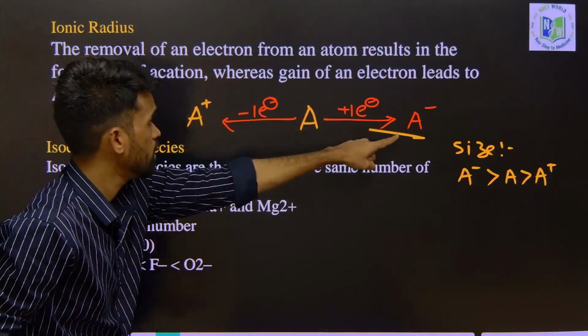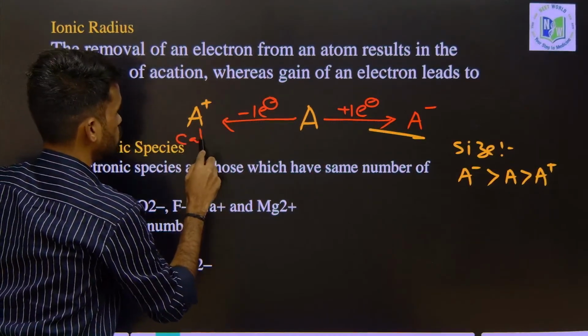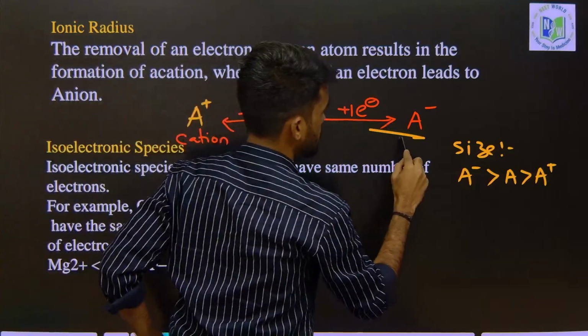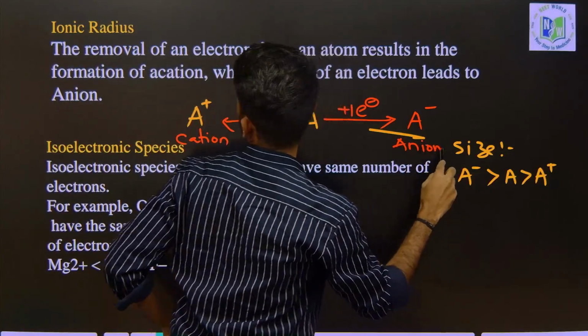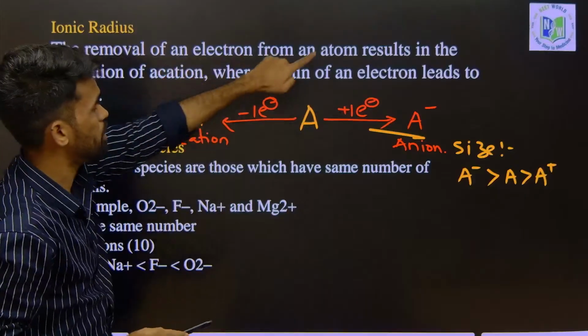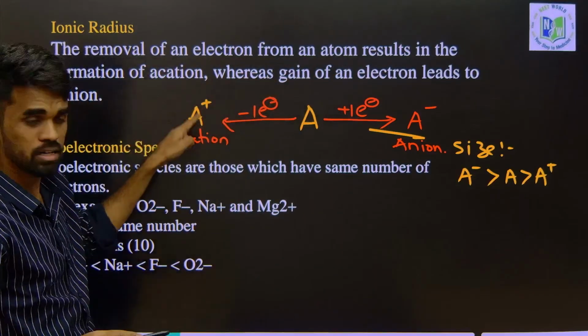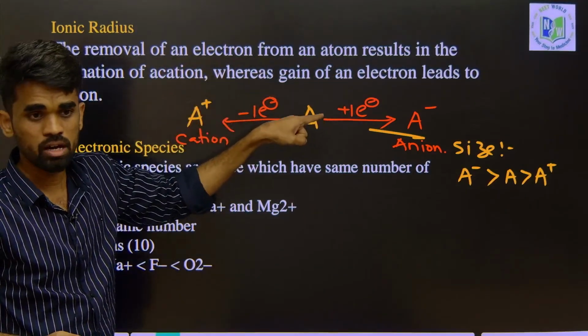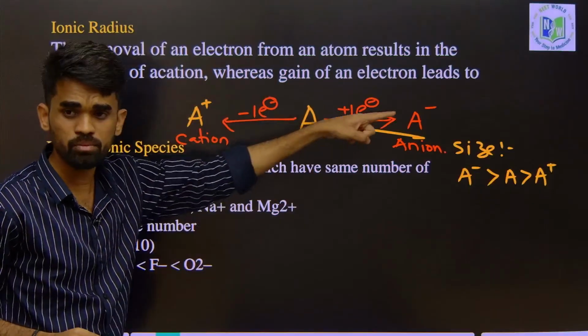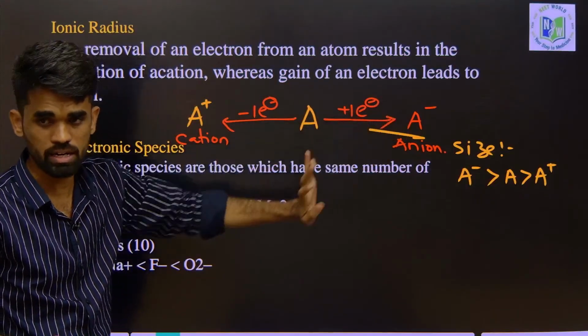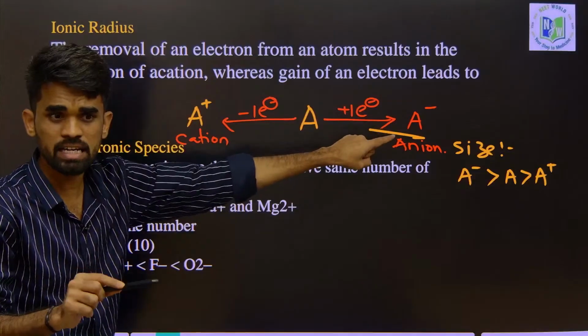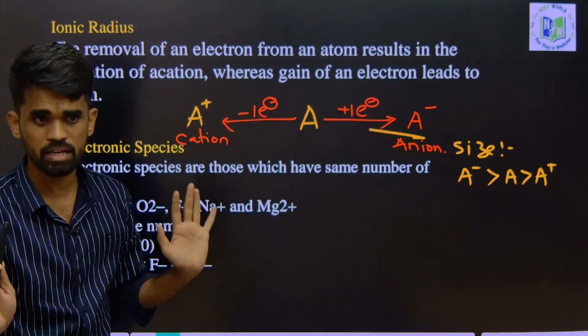A positive charge is a cation, a negative charge is an anion. Removal of an electron from an atom results in the formation of a cation, and gain of one electron by an atom forms an anion. Like this you can understand. The size or radius of these ions is considered the ionic radius.